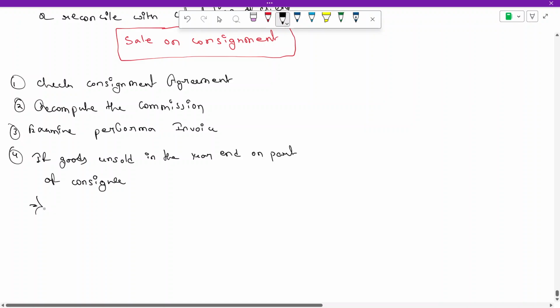You can link up the concept. If goods are unsold at the year end on part of the consignee, it will be included in the closing stock of the consignor.